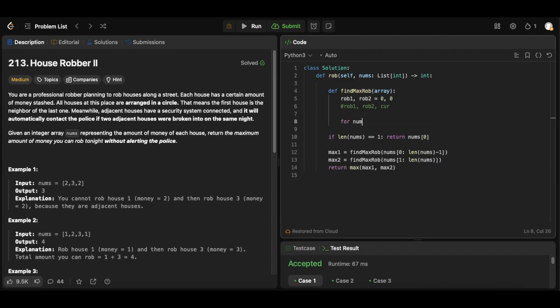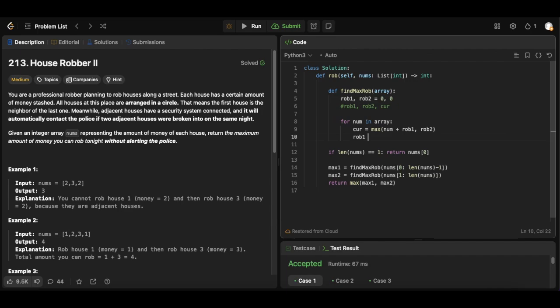And then for each number in the array, we want to calculate our current value, which is going to be depending on our 2 cases. One where we rob the current house, and then add that to the max value we had up until 2 houses prior, so rob1. Or we can decide to skip the current house and keep the value from the previous adjacent house, which is rob2.